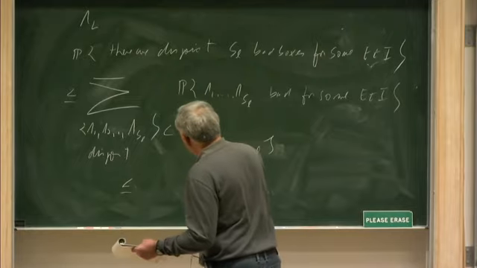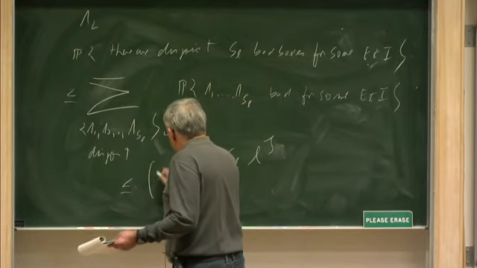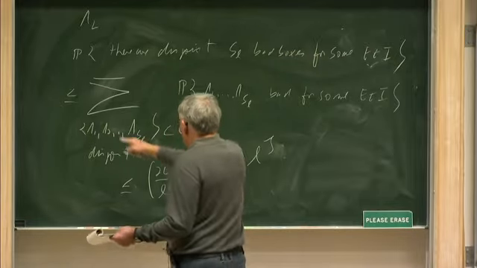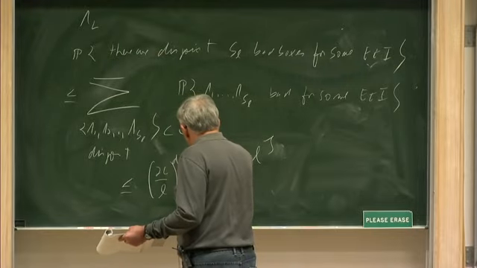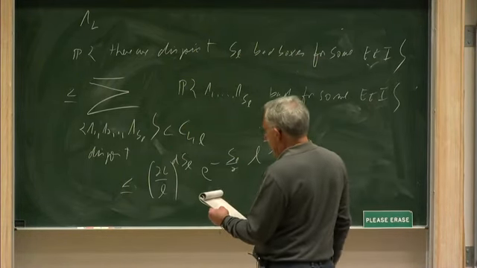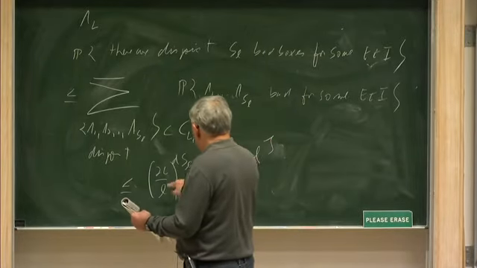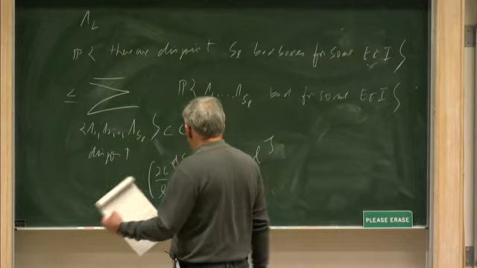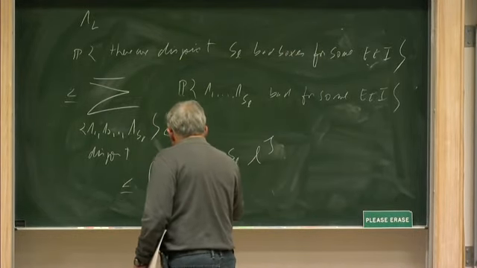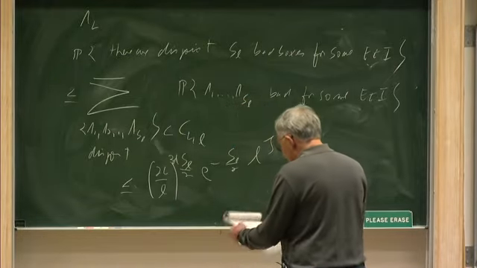And here I have to put the number. Well, I know what the number is, 2L over L to the D, but I chose SL of them, so I put an SL here. The number of pairs, I really should put a 2D and divide by 2, but it's the same thing.